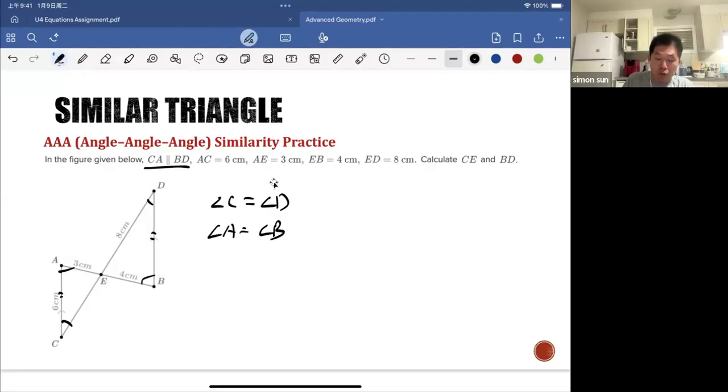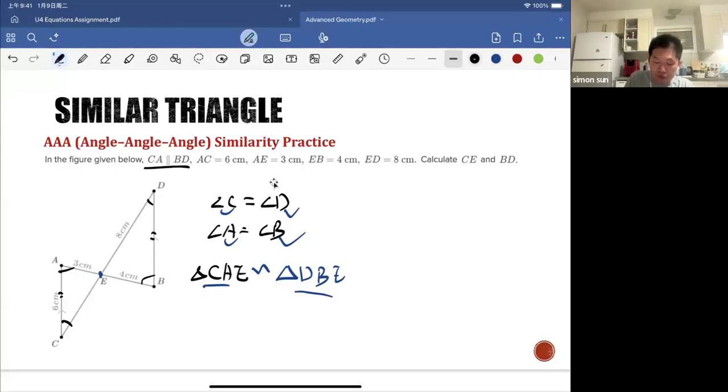Okay, so what we can write here is triangle CAE. First take C, then take A, then take E, will be similar to triangle first take B, then D, and then E. Those two triangles are similar, right? The order matters.